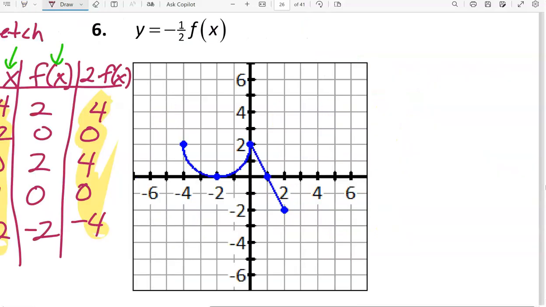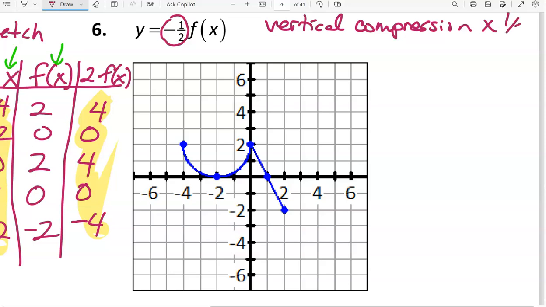Now let's look at number 6. In number 6, I see that the outside of the function is being multiplied by -1/2. That means that we're affecting the y variable, and there will be 2 things going on here that'll both be vertical since we're affecting the y variable. So there is a vertical compression with a factor of 1/2.